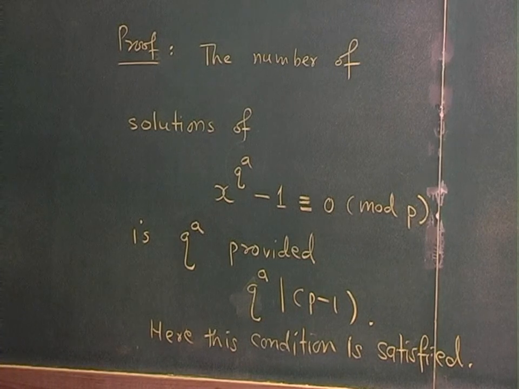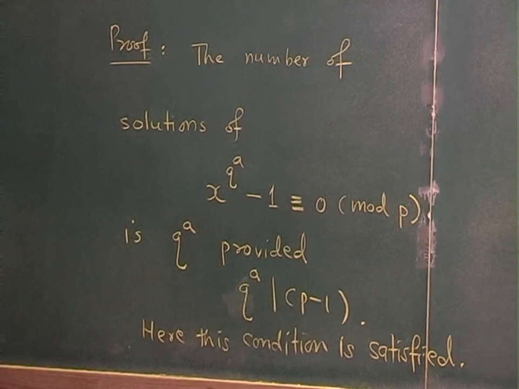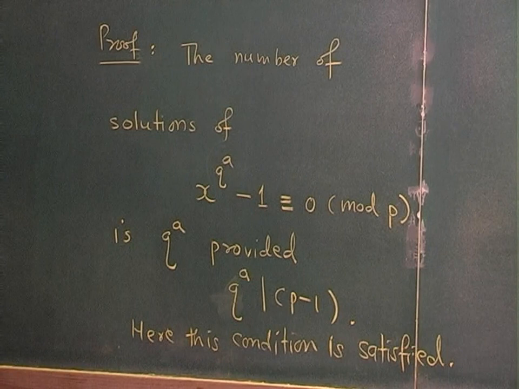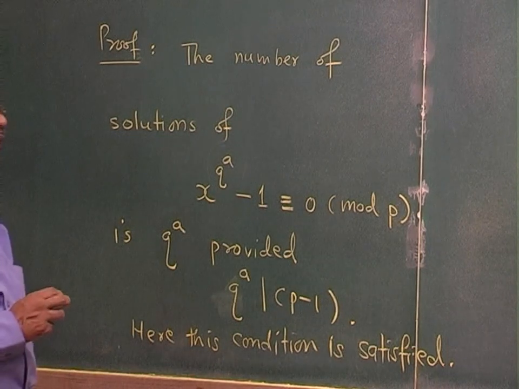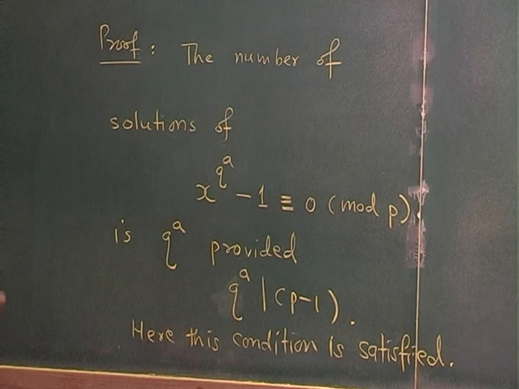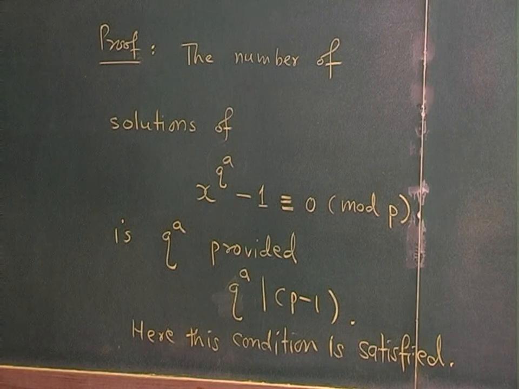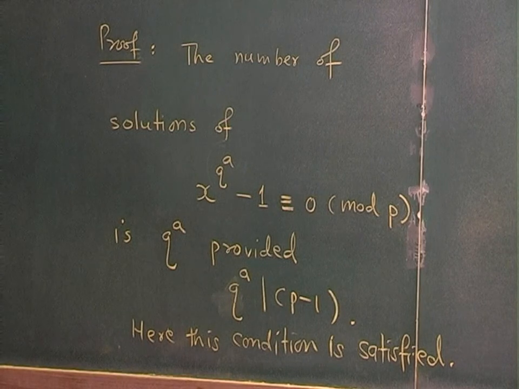Okay. Now a lower power, if it is there, what will that be? If the order of that element is smaller than q raised to a, and that element satisfies b raised to q raised to a is congruent to 1 mod p, then order will be a divisor of q raised to a.